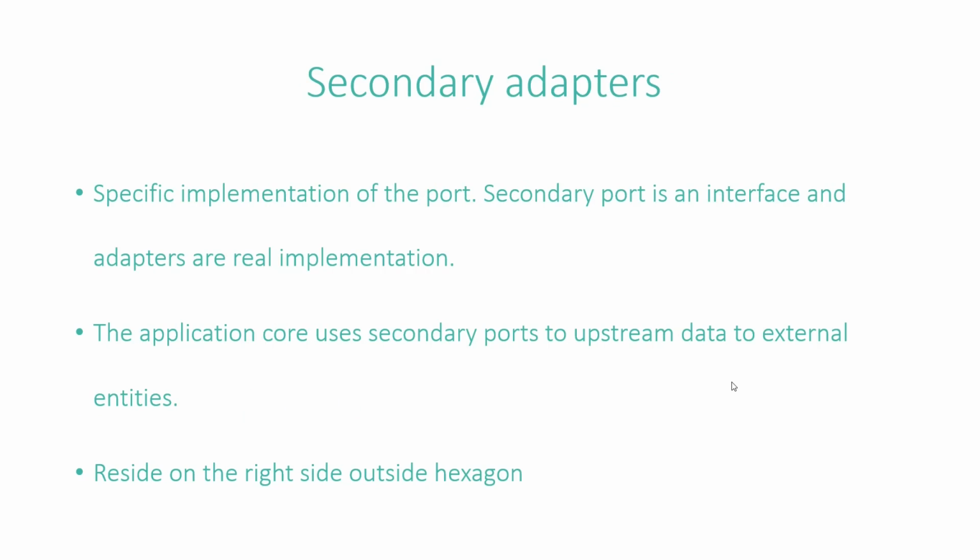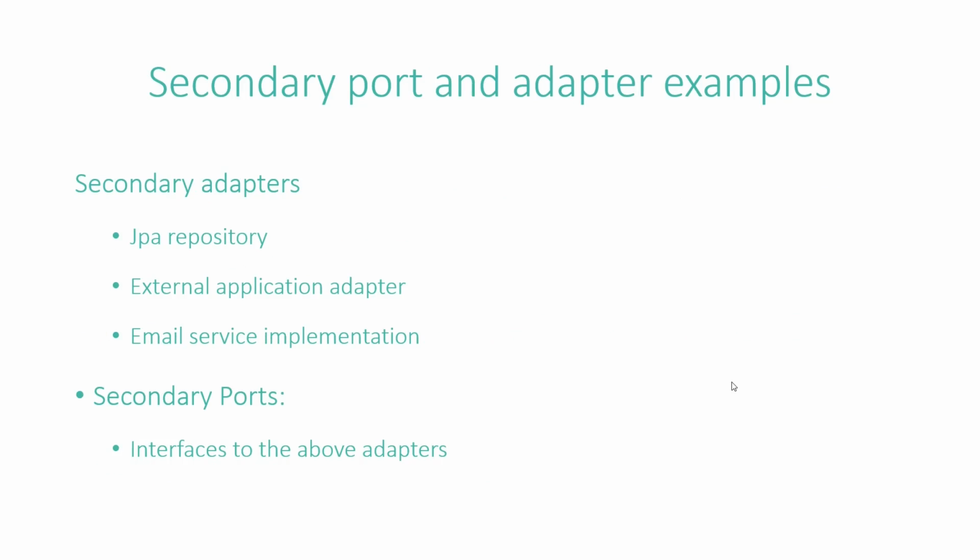In the meantime, secondary adapters are nothing more than an implementation of the port. So a port is an interface which is used by our business logic, while an adapter is the implementation. Let's go to real life examples. Examples of secondary adapters are a JPA repository in the Java world.